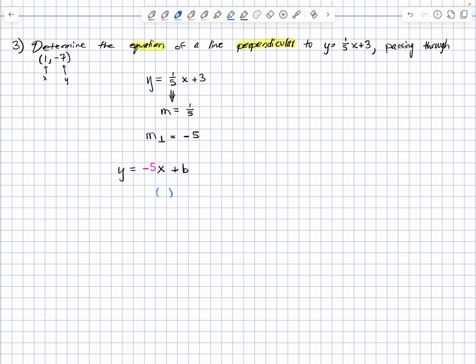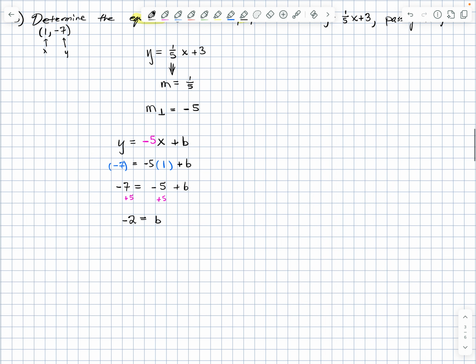So into x, I'm going to put 1, and into y, I'm going to put negative 7. And then just fill everything else here and solve for b. So this is going to be negative 7 is equal to negative 5 times 1, which is negative 5, plus b. If I remove the negative 5 from the right side, I have to add 5 to the left, and I get negative 2 is equal to b.